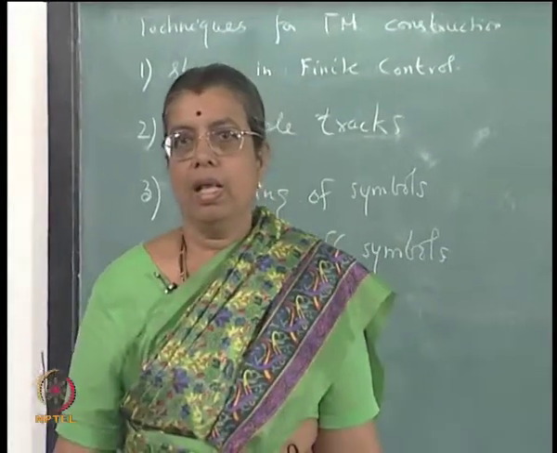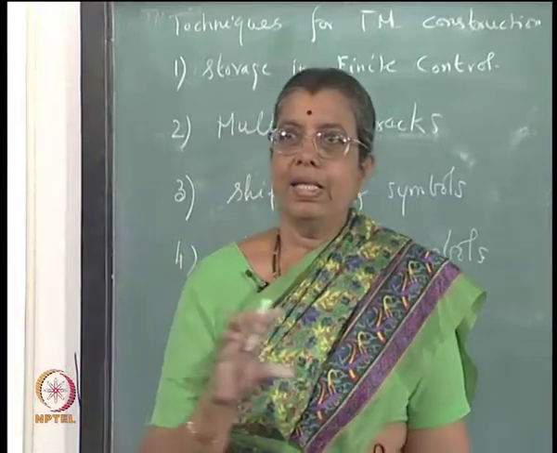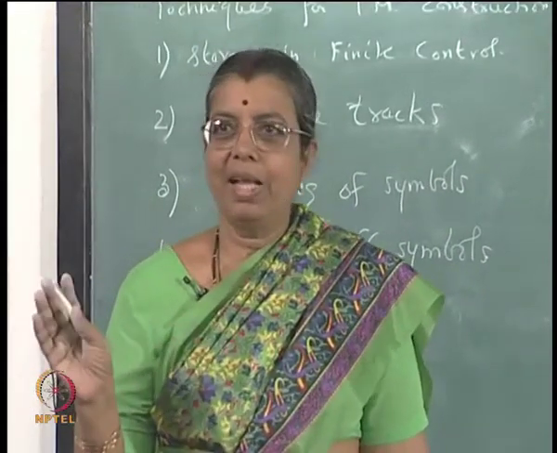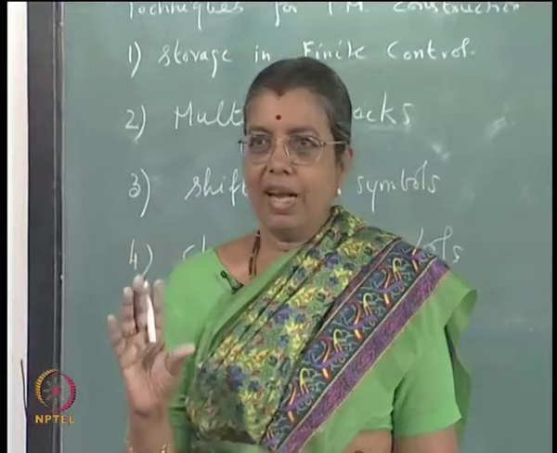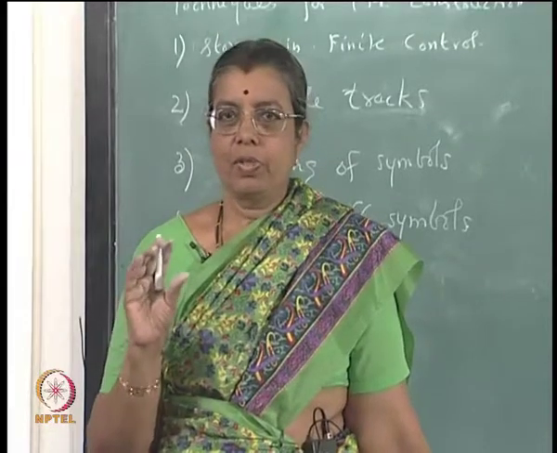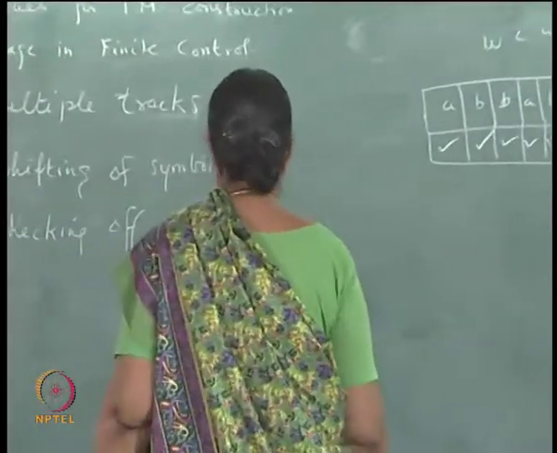So, you are using 2 tracks. The second track is putting a tick mark that you have checked that symbol. State also you are taking as a tuple, and some information you are storing in the state. This is another technique.